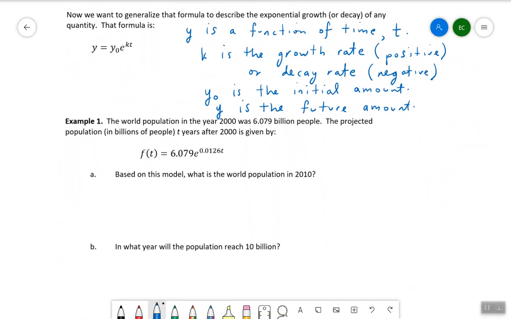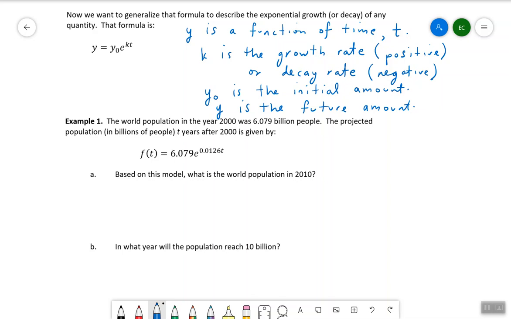In example 1, the world population in the year 2000 is 6.079 billion people, and the projected population t years later is given by this formula, this function f of t.